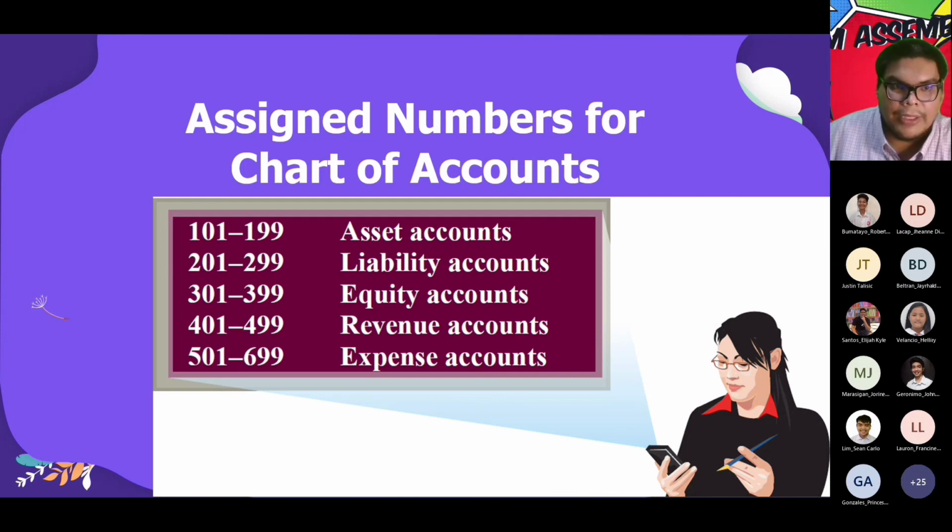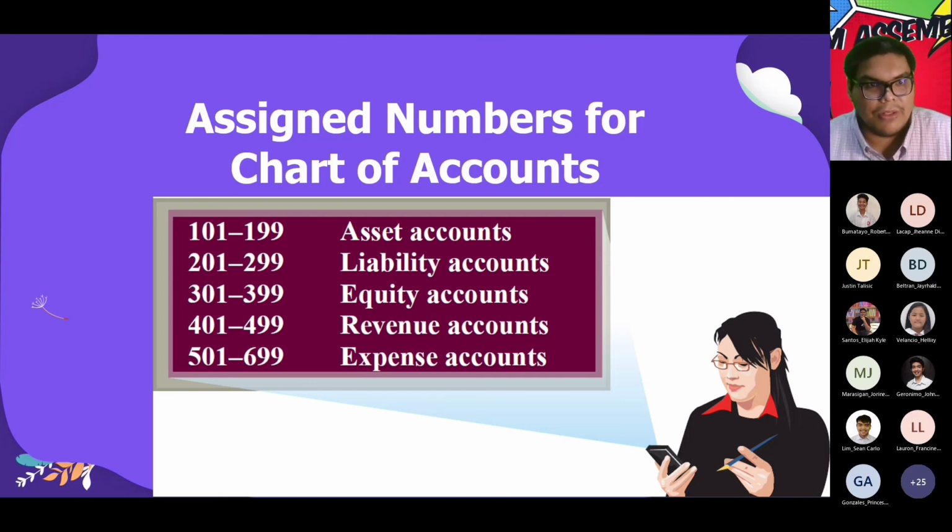And for the assigned number of chart of accounts, yan po ang designation ng numbers. So 101 to 199, you have asset. 201 to 299, liability. 301 to 399, equity. 401 to 499 is revenue. And for expense, as you can see, medyo malaki, no? 501 to 699.